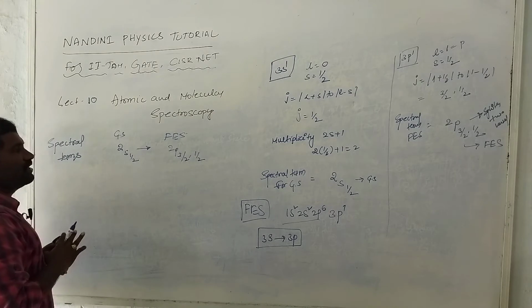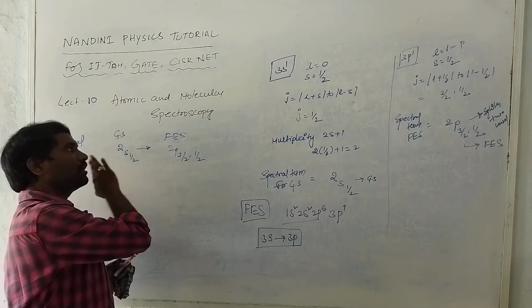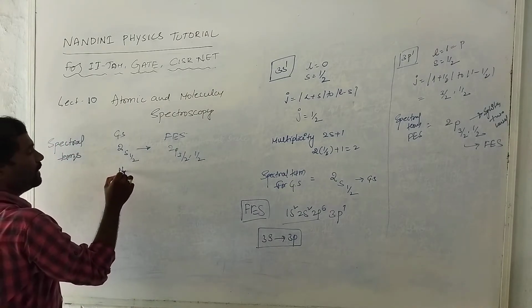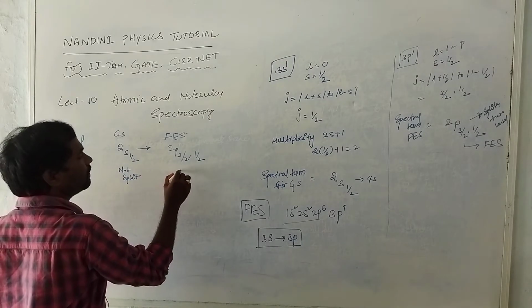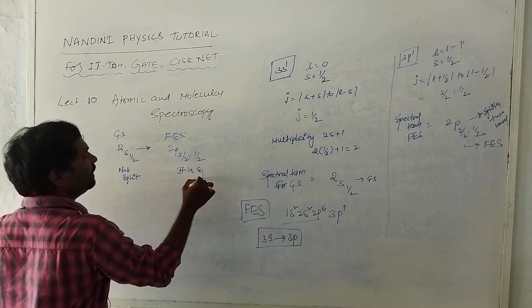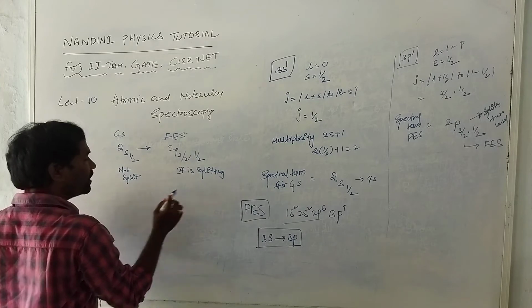So if the transition starts from the ground state to the first excited state, the ground state is not splitting, but the excited state is splitting. It is a doublet state, I think.